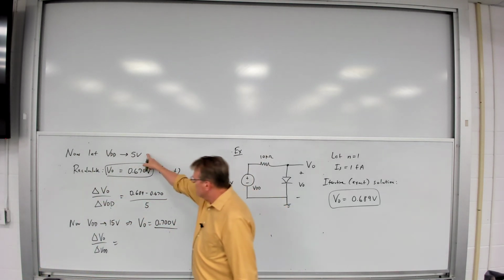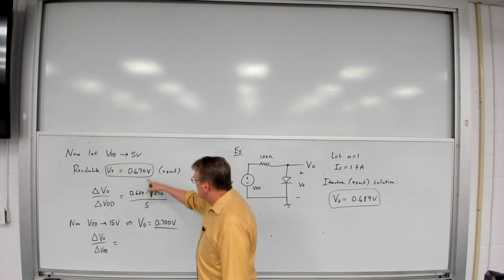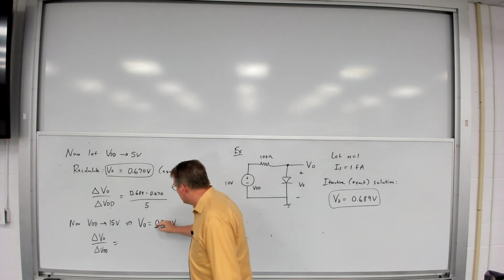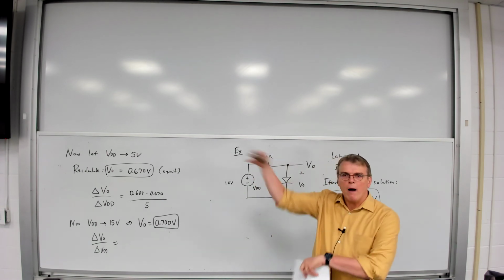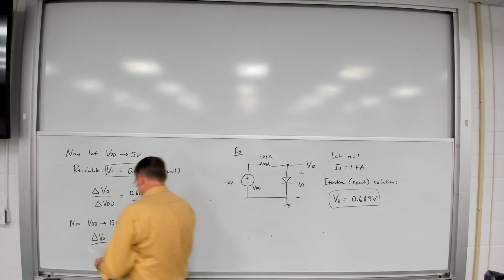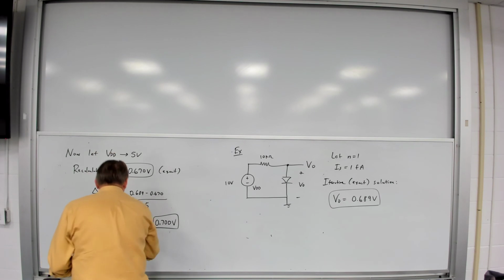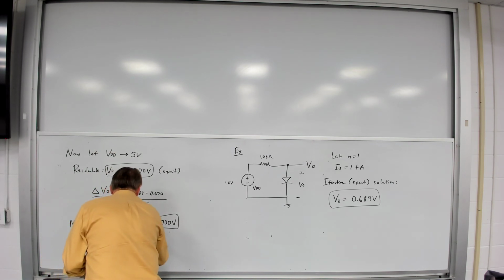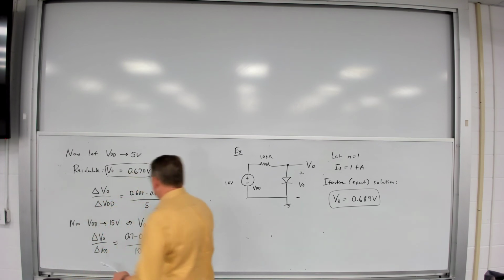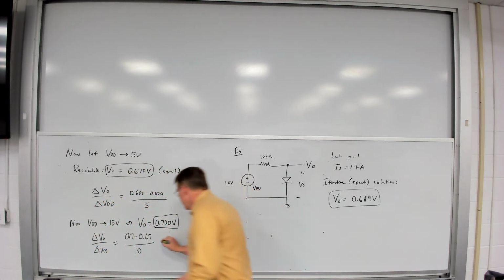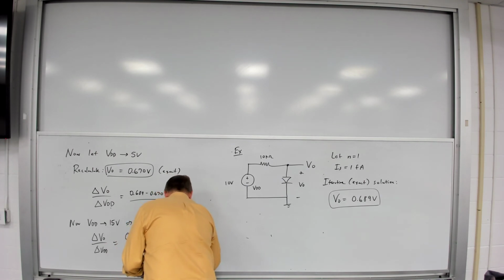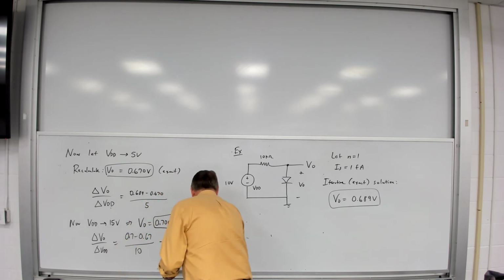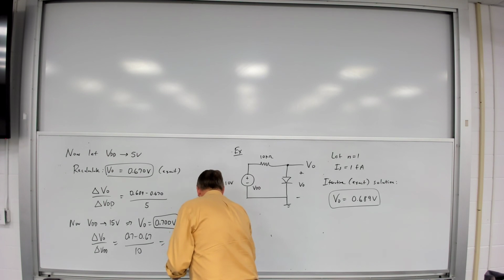So I'm going from 5 to 15, and I'm going from 0.670 volts to 0.700. So I'm going over a wide range. Let's do that calculation. That's going to be equal to, in this case, 0.7 minus 0.67 divided by 10, a 10-volt sweep. And this is equal to 0.003, which is equal to 0.3%.